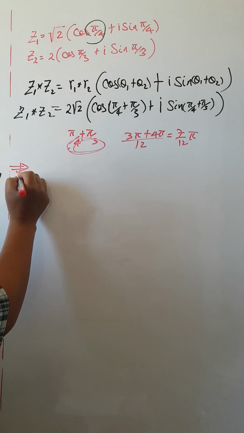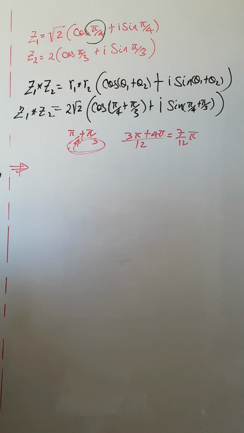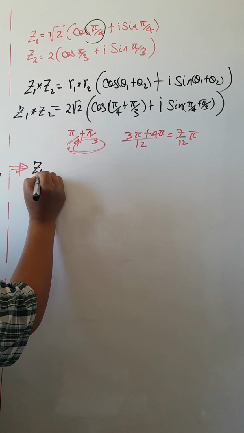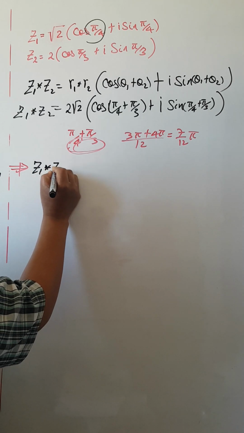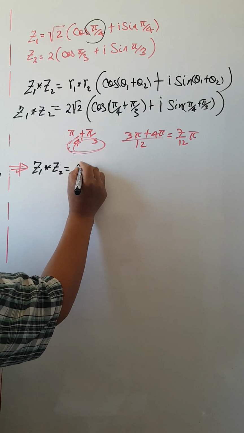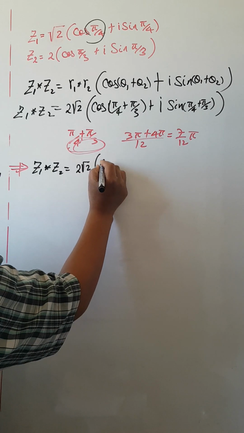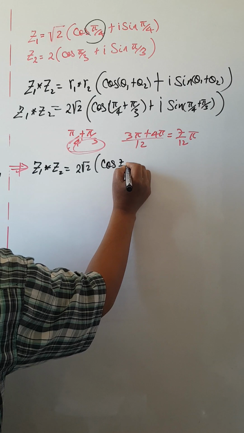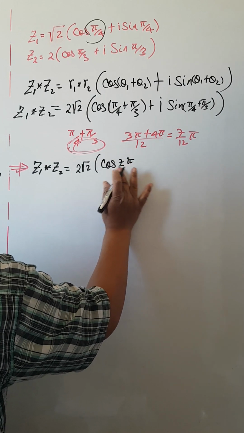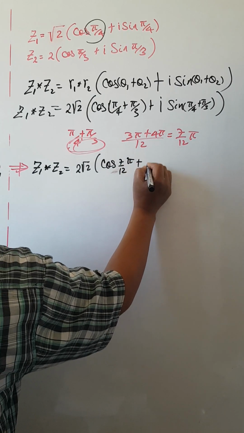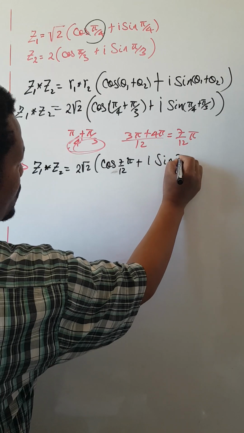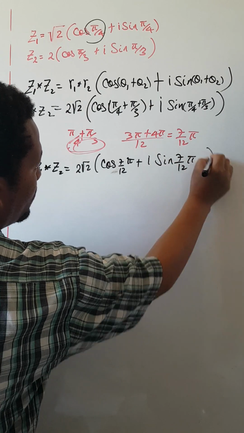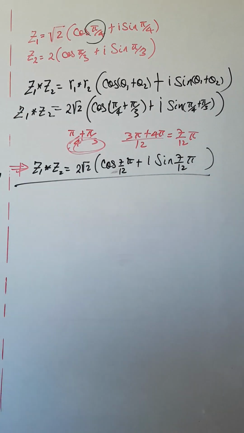This implies z1 times z2 is equal to 2 times square root of 2 times cosine of 7 over 12 pi plus i times sine of 7 over 12 pi. This is the product of the two.